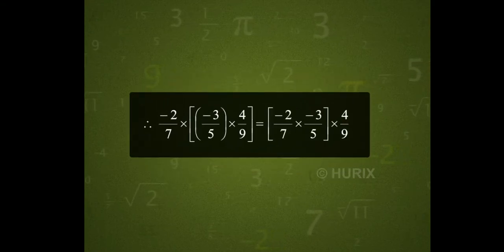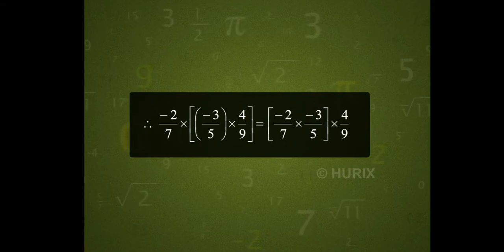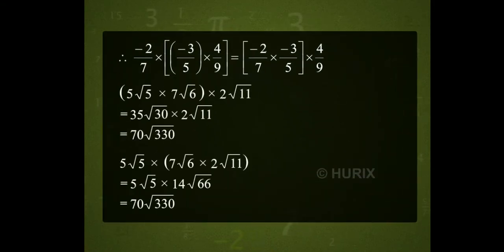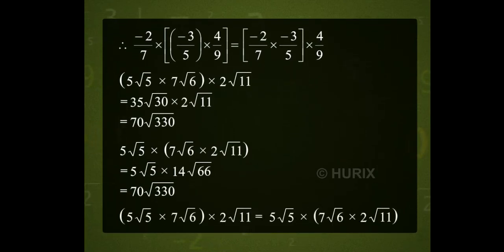We see that the product is the same in both the cases. Here's another set of real numbers to verify whether the associative property of multiplication works for all types of real numbers or not. Again, we see that the product is the same in both the cases.